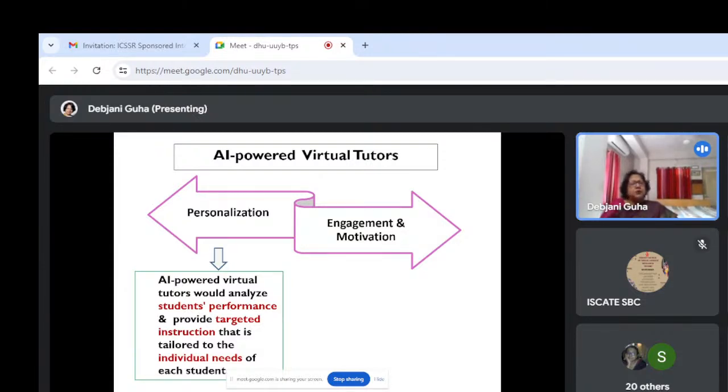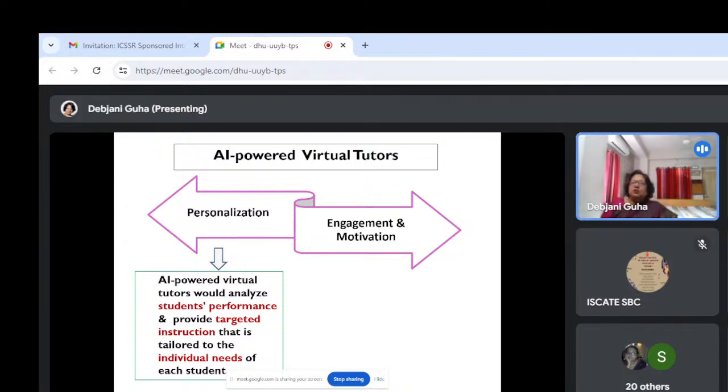This is a key aspect of AI-assisted constructivist theory, where students will be able to progress at their own pace, and it should help to reduce the achievement gap between students from different backgrounds and perspectives. And AI-powered virtual tutors would help to ensure that the students are able to fully grasp key concepts, and then they will be able to retain the information better.